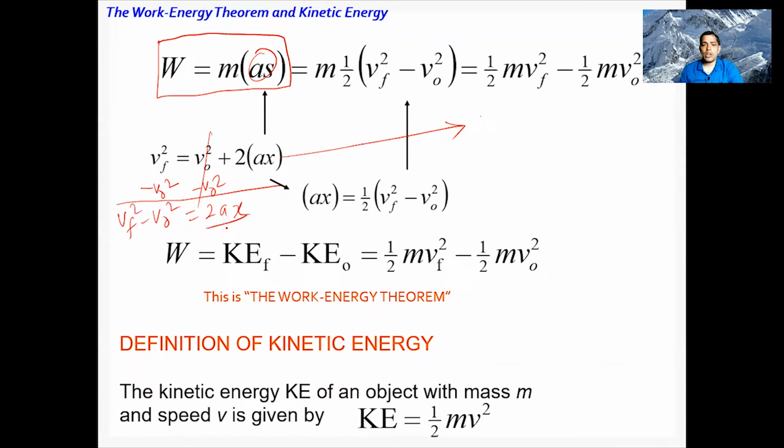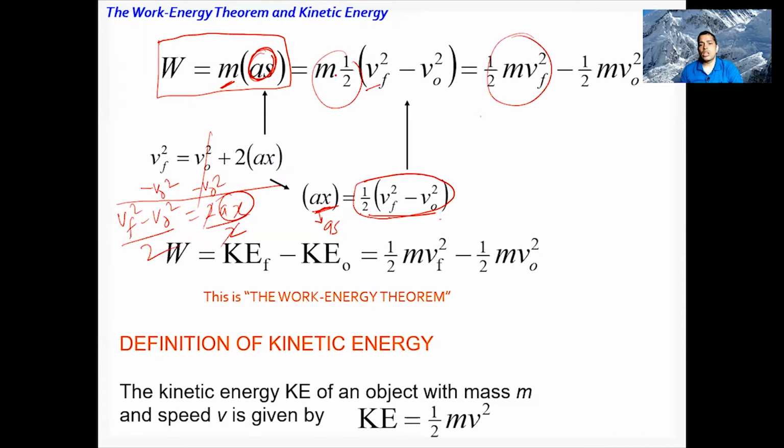So divide both sides by 2, what do you get? You have aS equals 1 over 2 times vf squared minus v0 squared, okay? Which aS is something as in the work, right? So that's why this guy replaces this guy, okay? m times 1/2 vf squared minus v0 squared. That's the thing here, okay? Now you just distribute your 1 over 2m. 1 over 2m vf squared, that's what it is. 1 over 2m v0 squared, that's what it is. So you have a negative sign in between, okay?